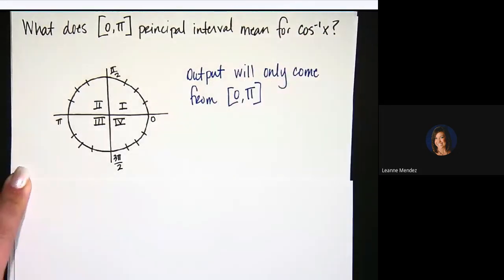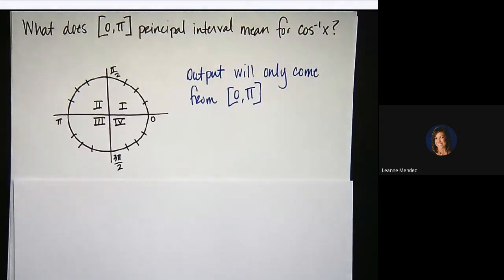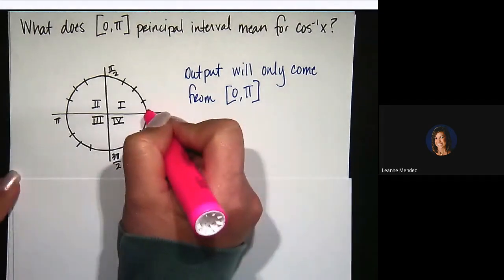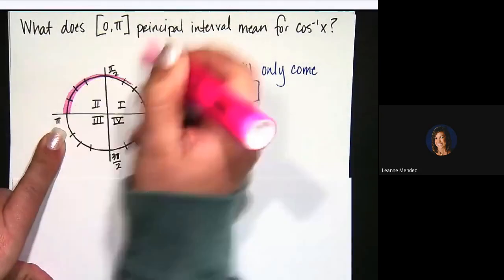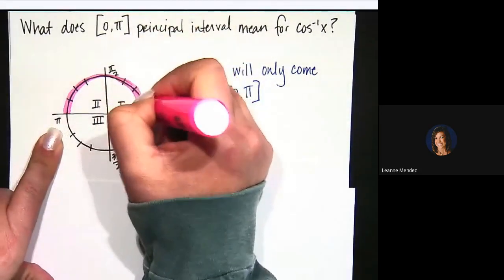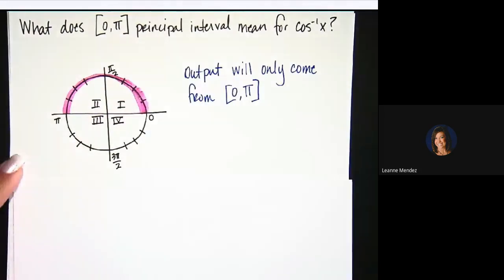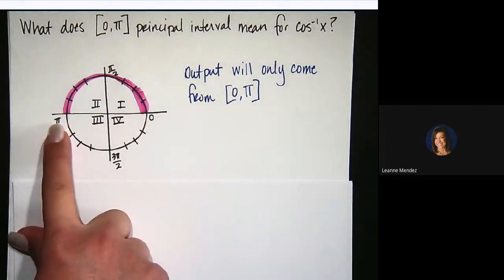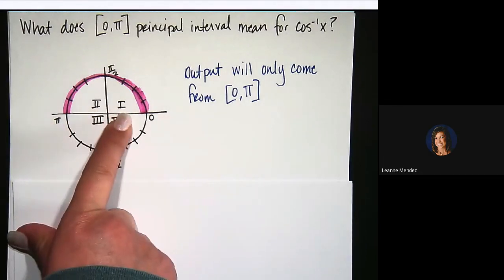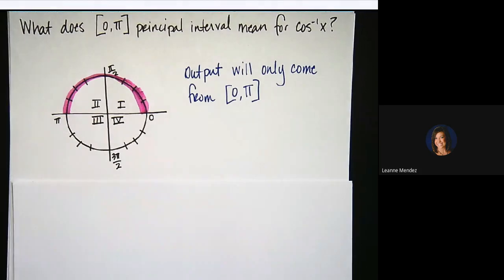Well, let's look at those angle measures on the unit circle. Where is 0? 0 is here. Pi is over here. So principal interval means that when I ask you for the inverse value for cosine, the only possible angles you can give me are going to happen between 0 and pi, which means they're only going to come from quadrant 1 and quadrant 2.